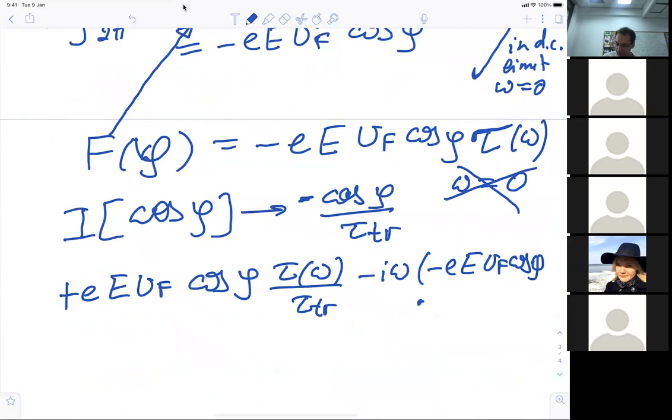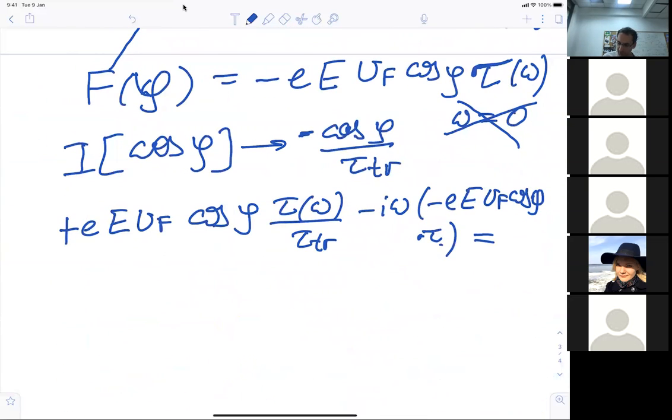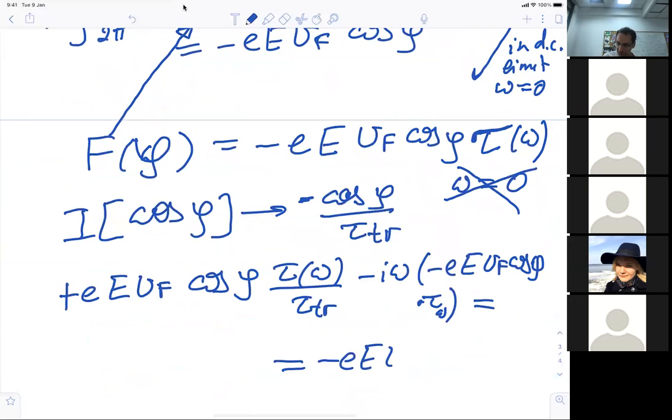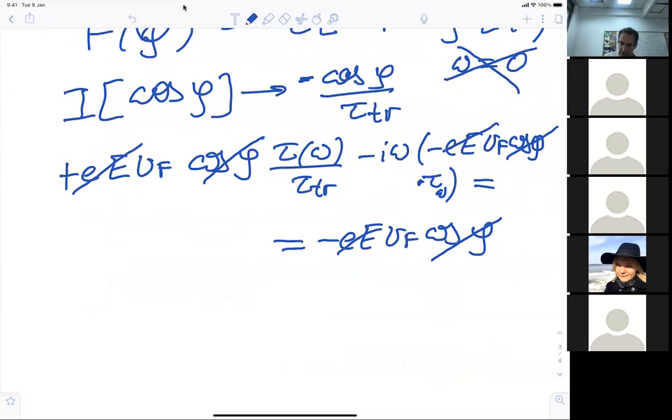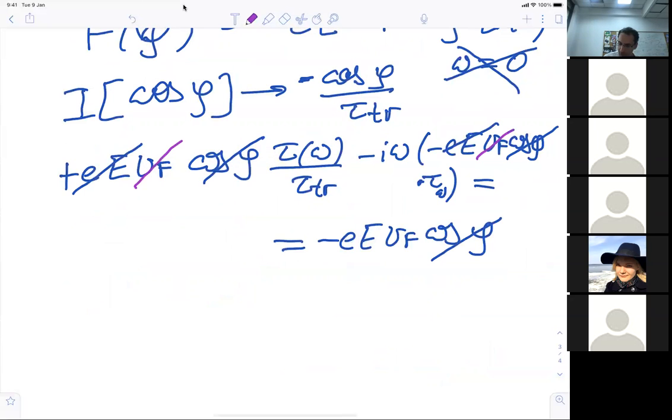This was the left-hand side of this equation, and all this is equal to what was on the right-hand side, minus E V Fermi cosine phi. So they all contain cosine phi in the first harmonic. This prefactor drops, and the same goes for V Fermi. It also drops.